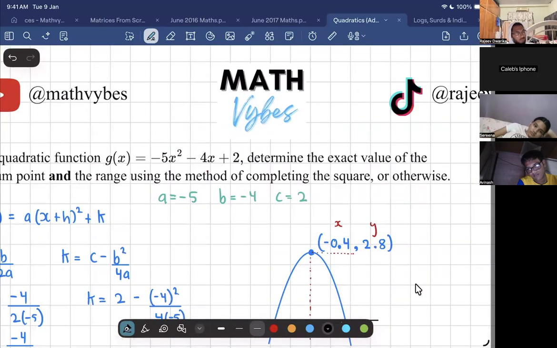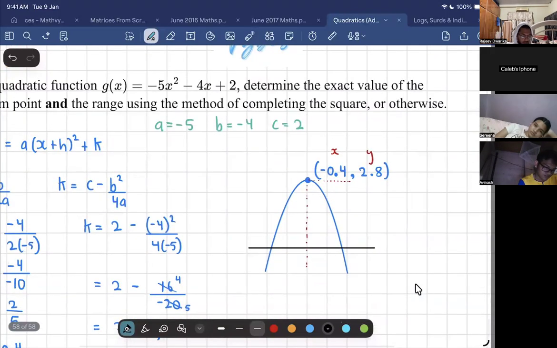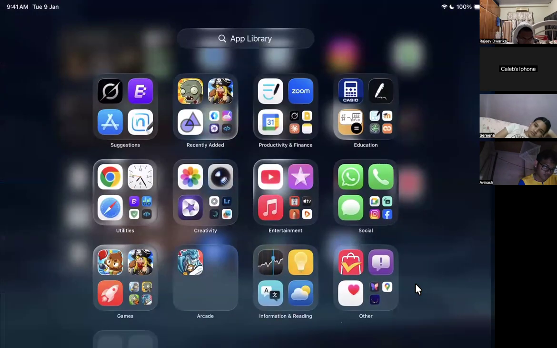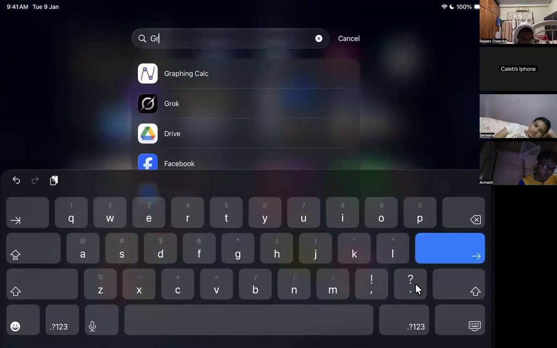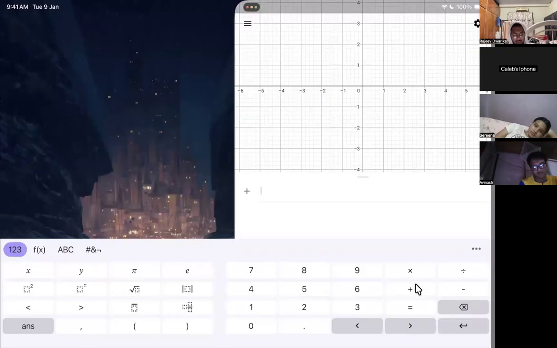One second, let me just check something. Does anybody remember what the function was?